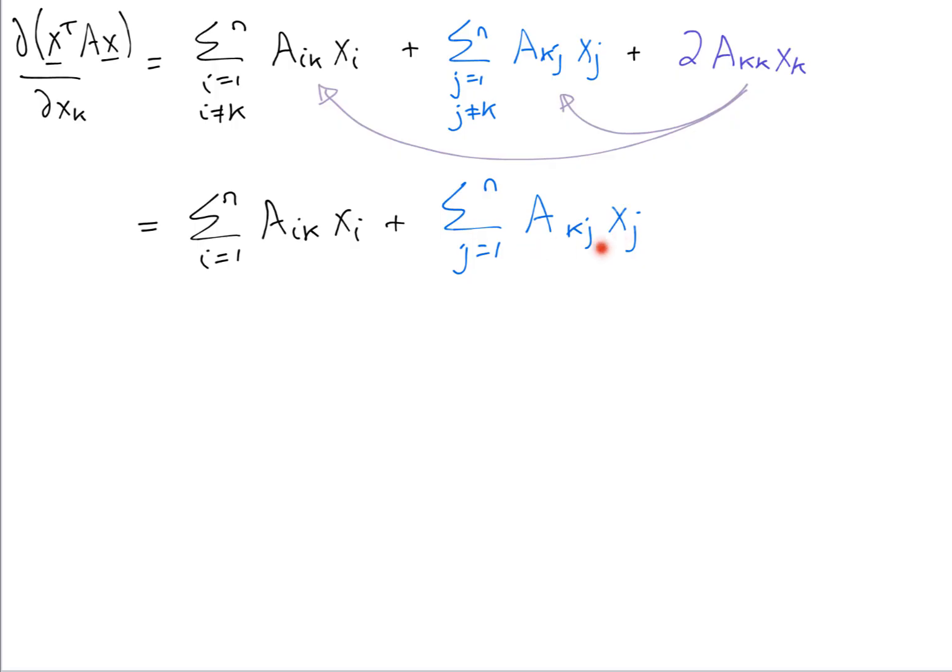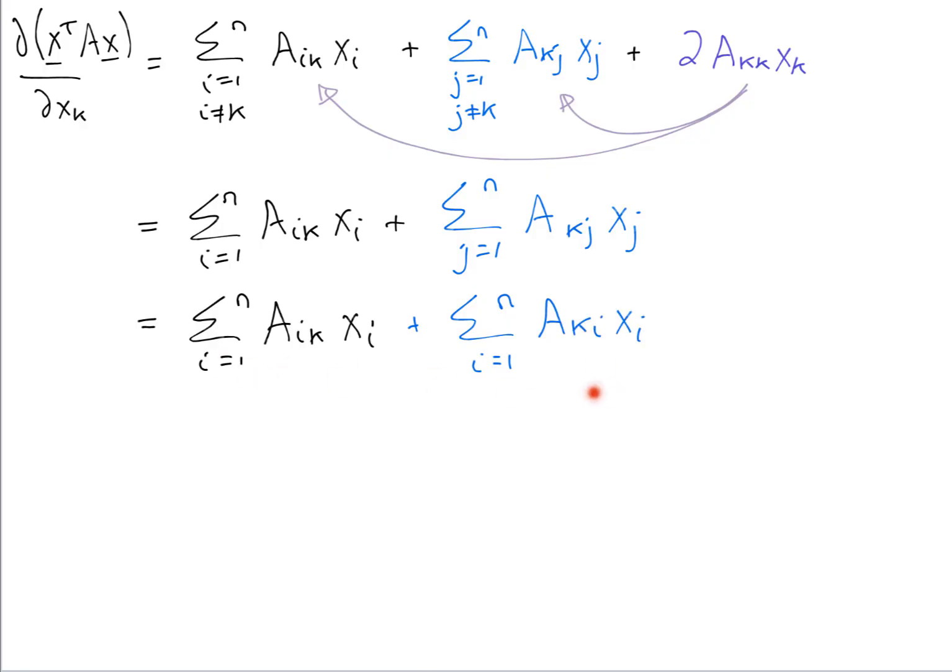Of course, here we have an index of summation of j. Here we have an index of summation of i. We could have rewritten either with any index of summation that we like. So why don't we take that second sum, change j over to i: the sum i equals 1 to n of a_ki xi.